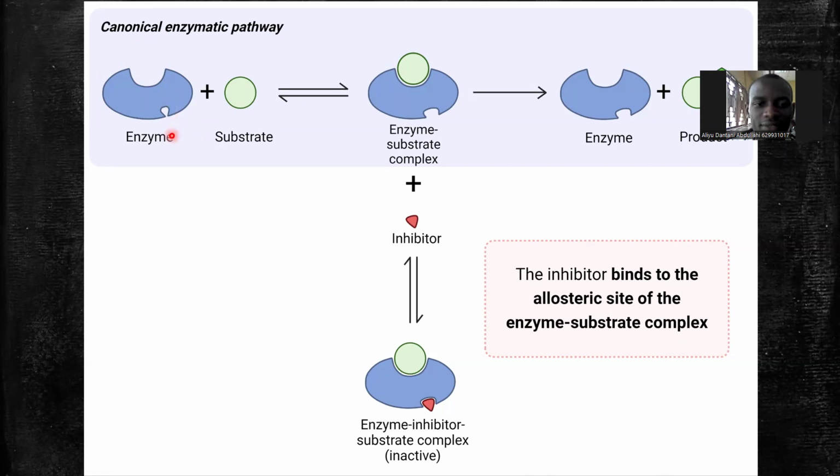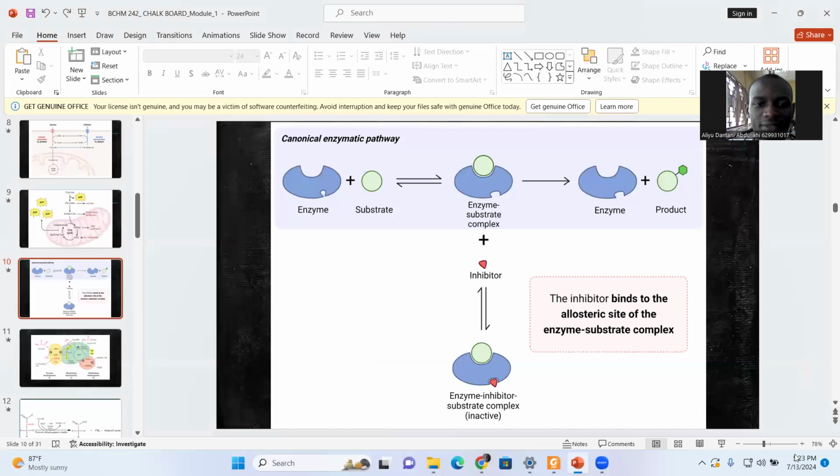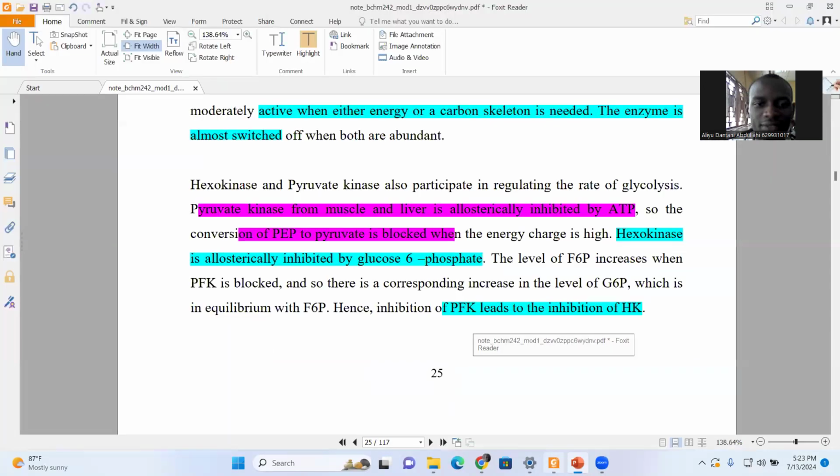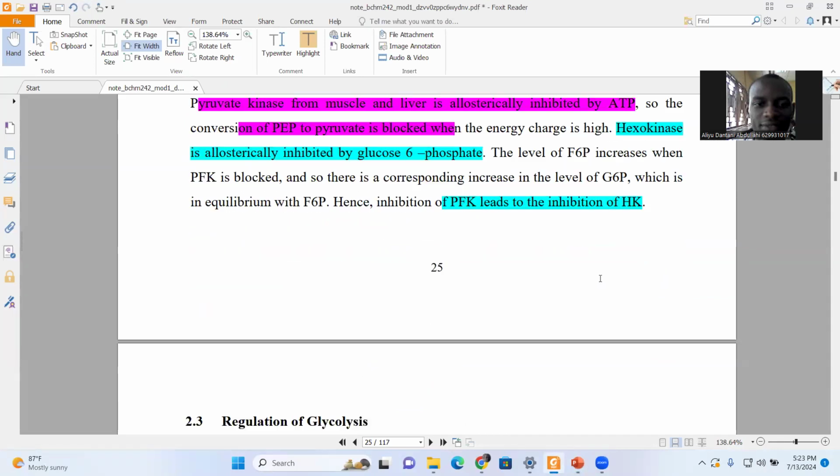That glucose 6-phosphate will bind to the regulatory site, the allosteric site, of hexokinase, and binding of the product to this site will prevent further conversions. So this is a way of regulating the activity of this enzyme and other enzymes as well. Allosteric site, active site, and things like that are very important terminologies in biochemistry.